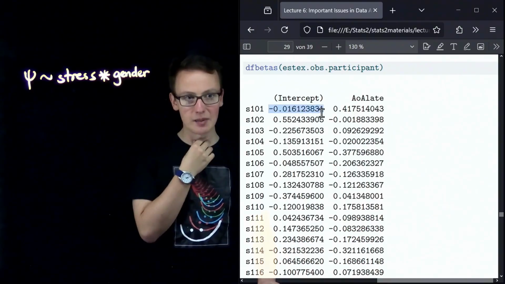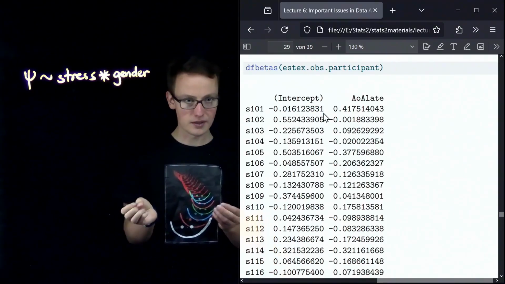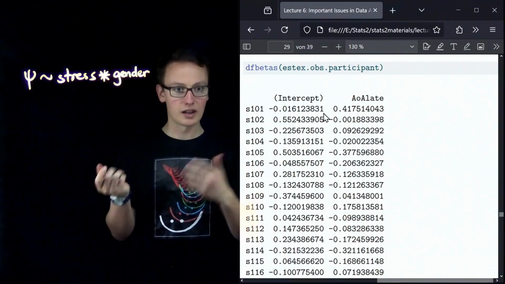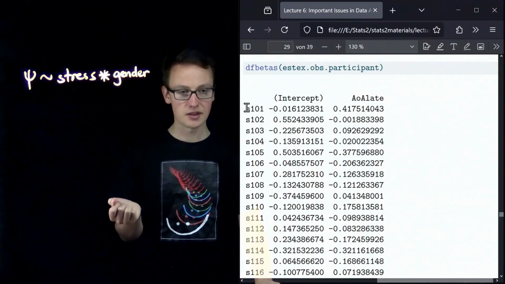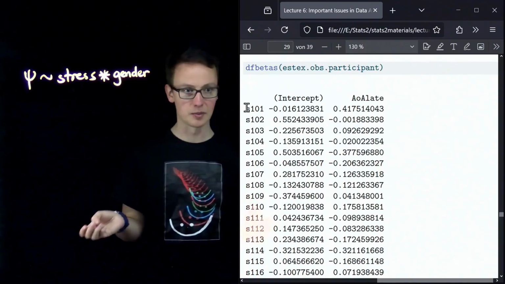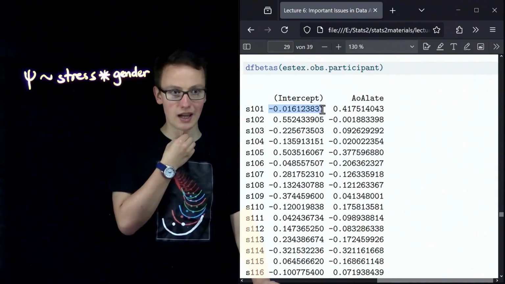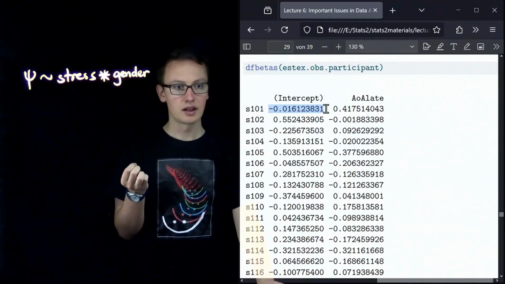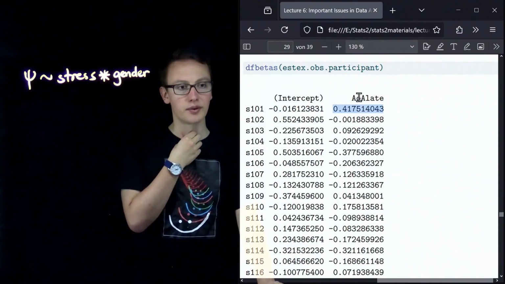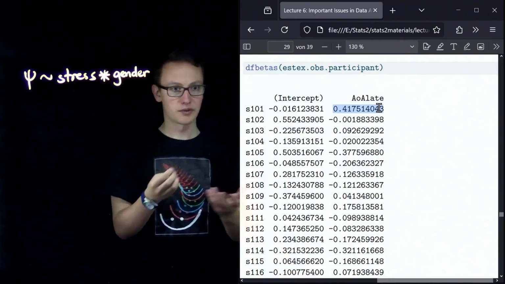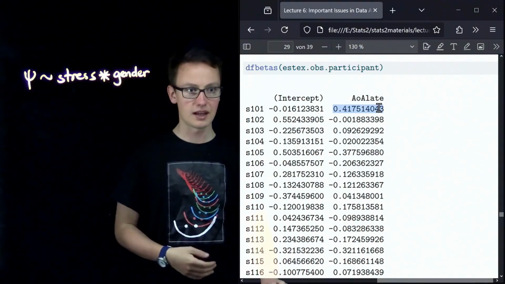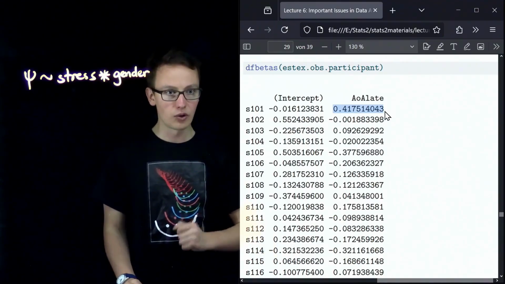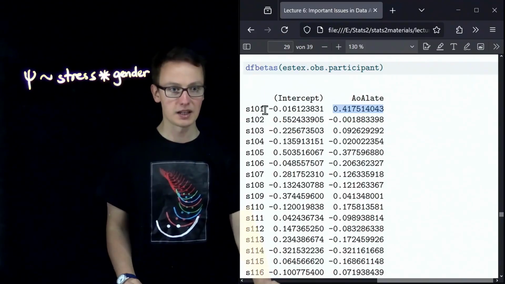These numbers describe the difference between what the intercept would be when we include this participant versus fitting the same model but excluding that participant. Here you can see how much this would change the intercept estimate just by excluding this one person. The same goes for the slope: we can see by how much the estimated slope for age of acquisition would change just by including or removing this particular person from the data set.